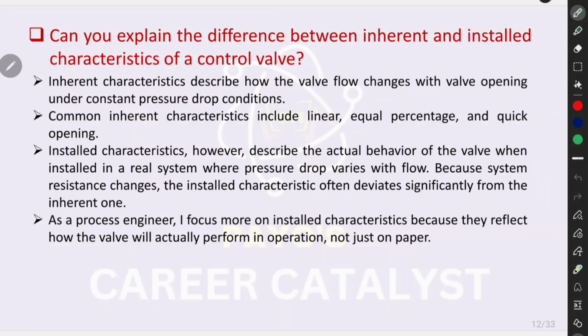However, installed characteristics describe the actual behavior of the valve when installed in a real system, where pressure drop varies with the flow. Because system resistance changes, the installed characteristic often deviates significantly from the inherent ones. As a process engineer, I focus more on installed characteristics because they reflect how the valve will actually perform in operation, not just on paper.